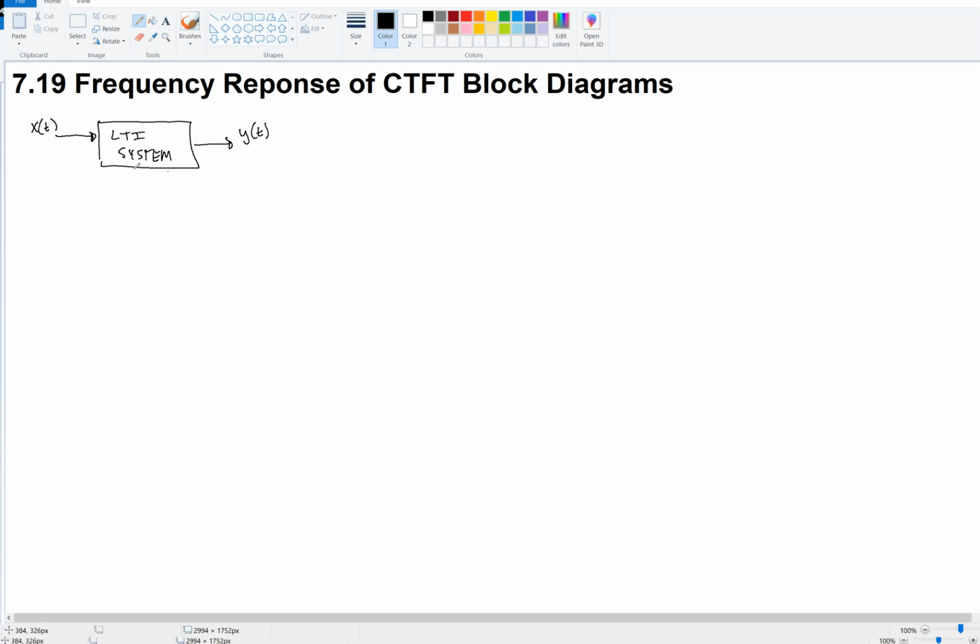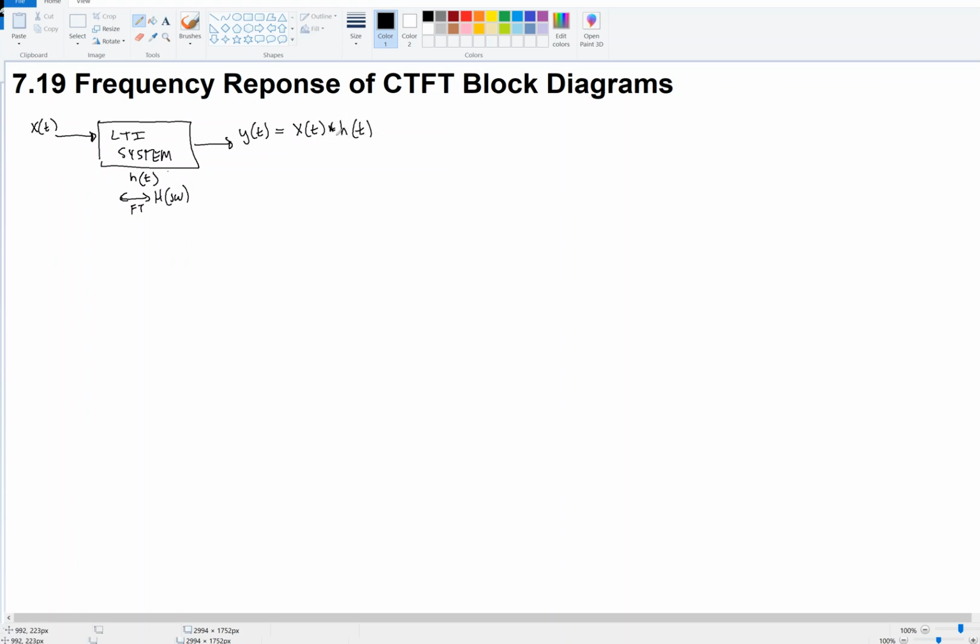A linear time invariant system will have an impulse response and a frequency response, and those two things are Fourier transform pairs. When I put a signal x in, I get out a signal y that is the convolution of x with h.